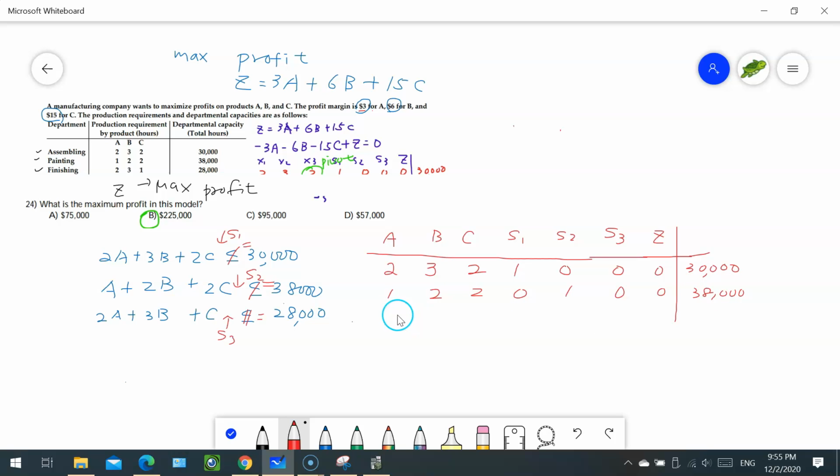The third model has 2, 3, 1, no S sub 1, no S sub 2, it has S sub 3, no Z, equal 28,000.